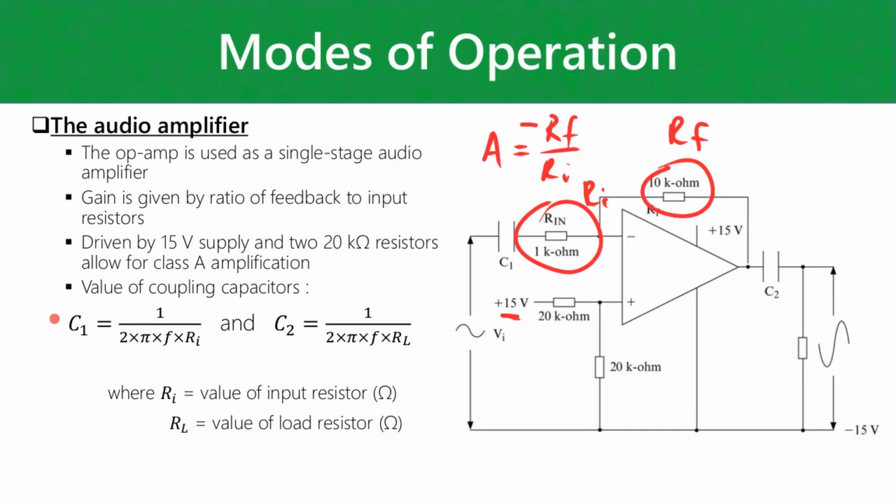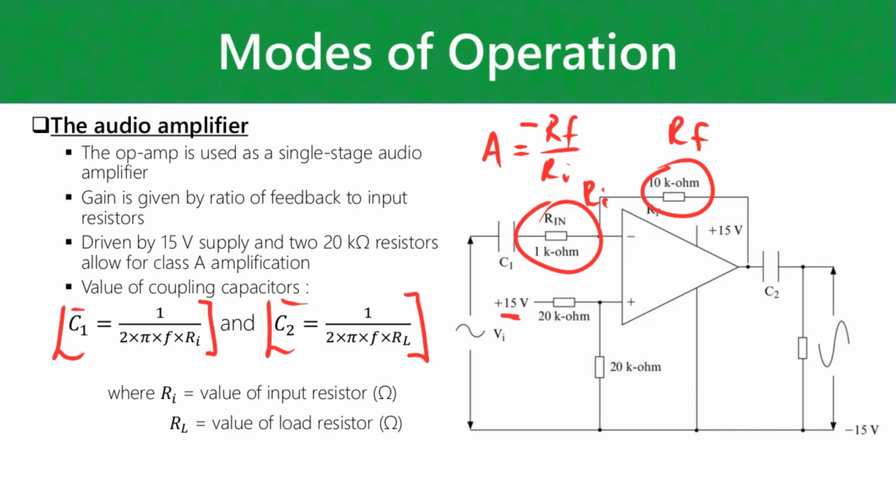However, you have these capacitors that are extra to the circuit. Capacitor C1, for instance, these would be your coupling capacitors. Essentially C1 blocks any DC from going to your inverting input.